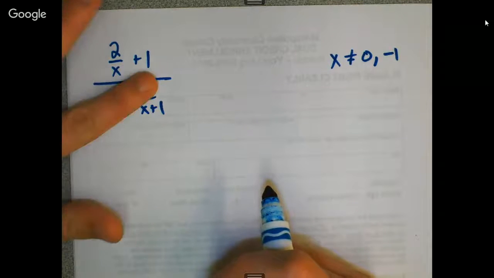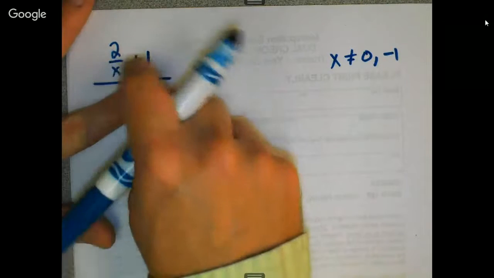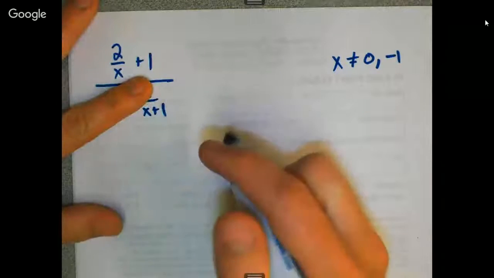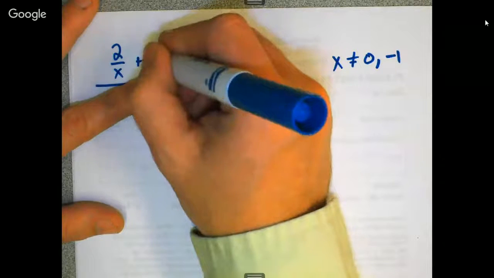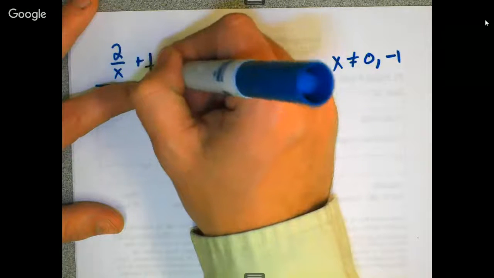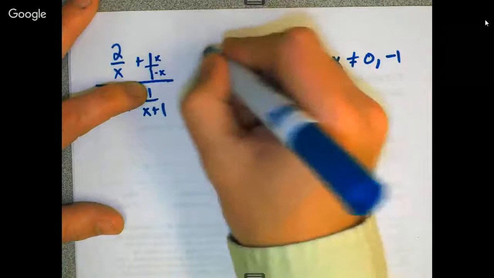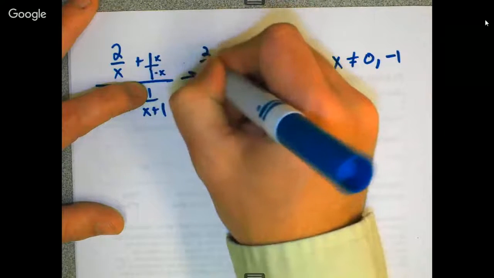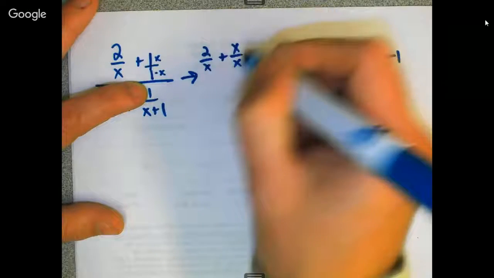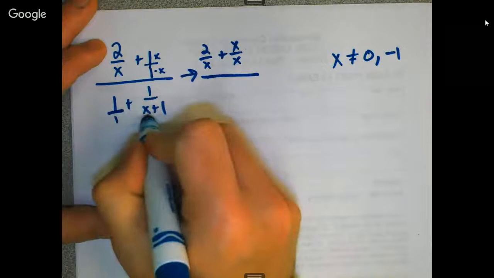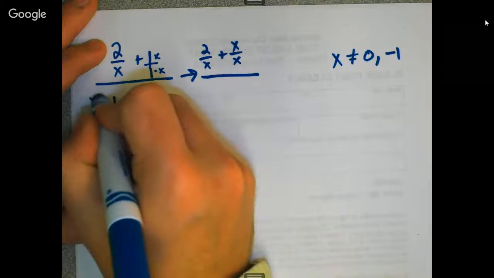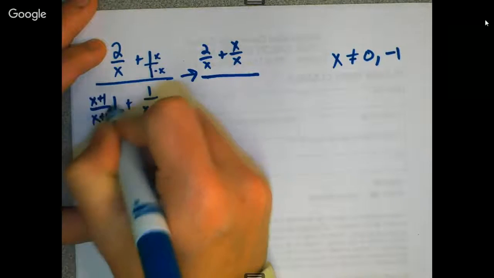Okay, so let's look at the top here, and I can add these together. I got to get a common denominator, which will be x. So 1 is 1 over 1, but I'm going to multiply by x. So I get 1 over x plus x over x. Okay. 1, but I need x plus 1. So that's x plus 1 over x plus 1.